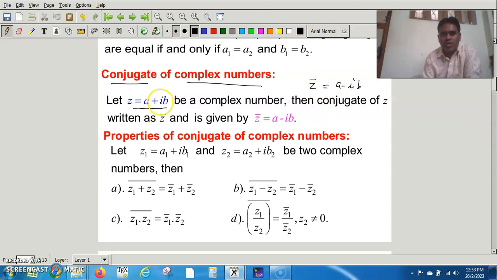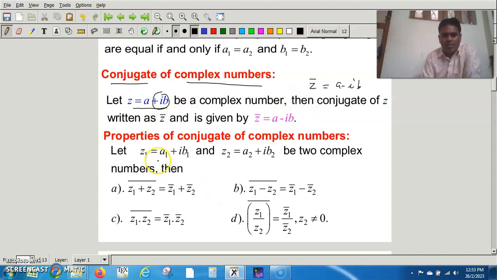Means if you change the sign of the imaginary part in Z, then you get the conjugate of the given complex number. So if Z equal to a plus ib, then its conjugate Z bar would be a minus ib.